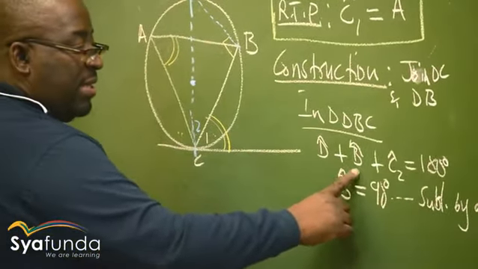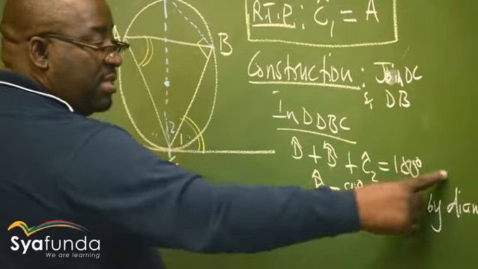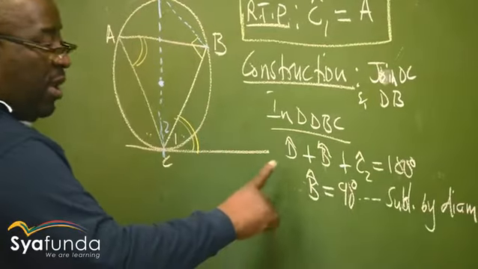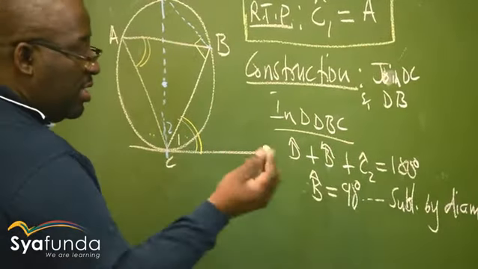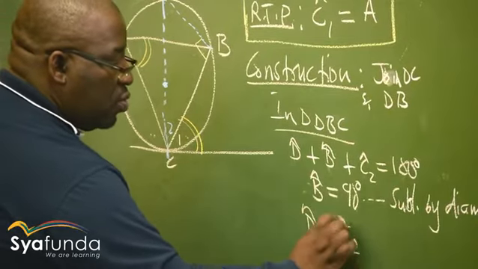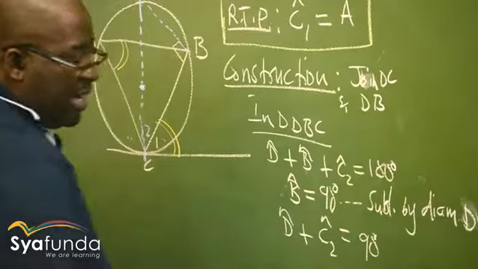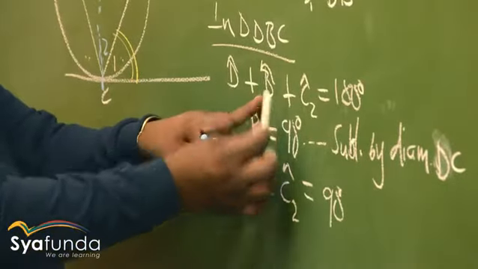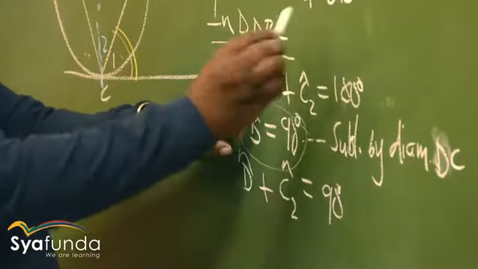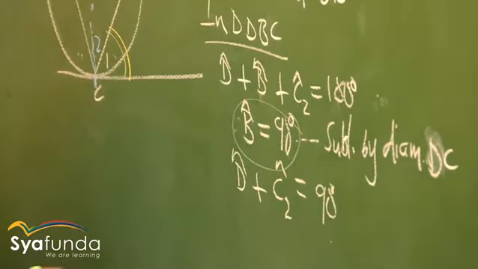If I take this B this side, it will be minus 90. Remember that B is 90. If I take B this side, it will be 180 minus 90. Then I'll be left with angle D plus C2 equals 90 degrees. Where did you get this 90 from? We took this B, which is 90, to the other side. It becomes negative. 180 minus 90 is 90. That's where it comes from.